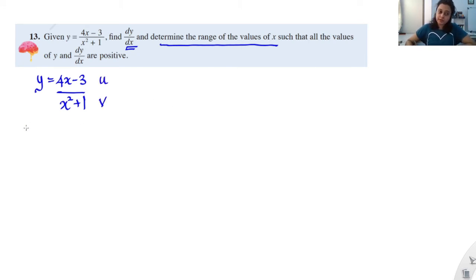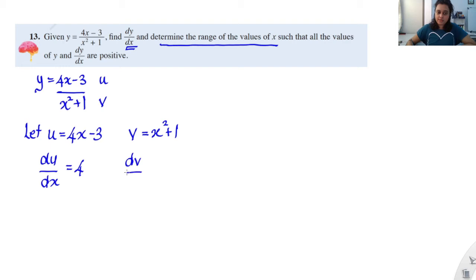Okay, so let u equal 4x minus 3 and let v equal x squared plus 1. Now we differentiate. du dx equals 4, dv dx equals 2x. Okay, done. Now let's apply into the formula. dy dx, this one will be the opposite.